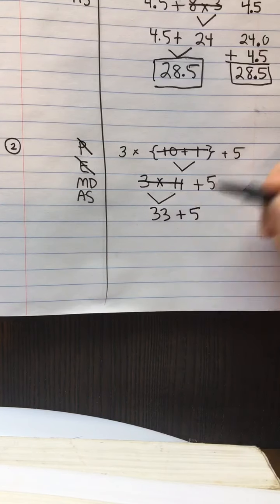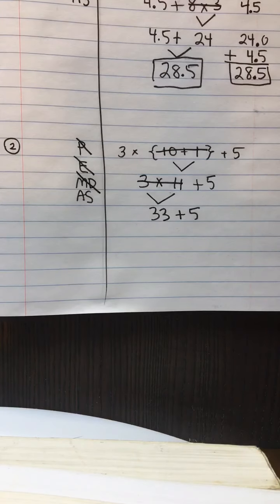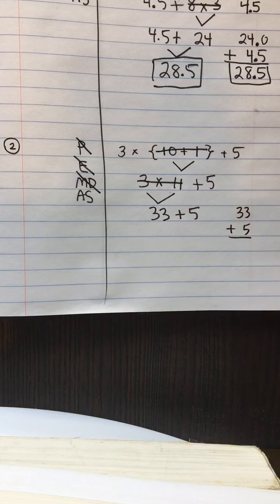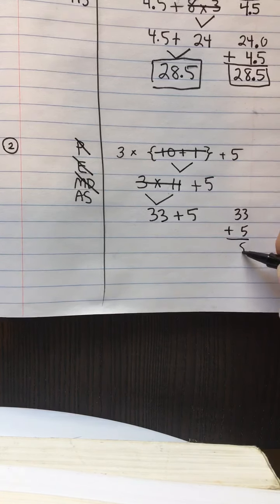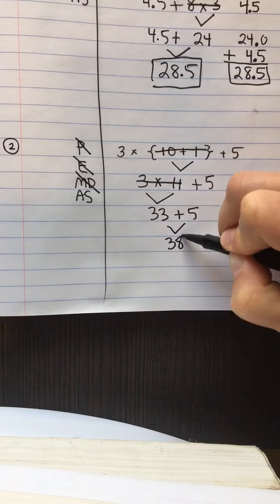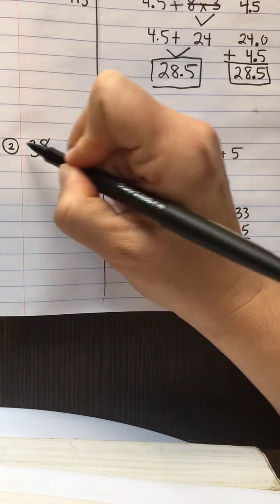Bring down everything else. I'm done with multiplication and division, so I'll cross that out. And then I still have addition and subtraction, 33 plus 5. Pretty sure I can do that in my head, but I'm going to write it out just to make sure I'm not making a silly mistake. 3 plus 5 is 8. 3 plus nothing is 3. So I get to 38 for that second problem.